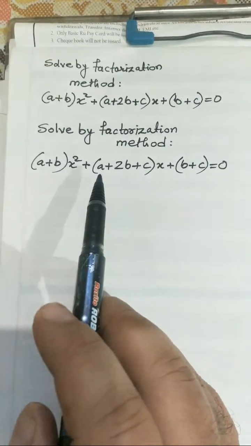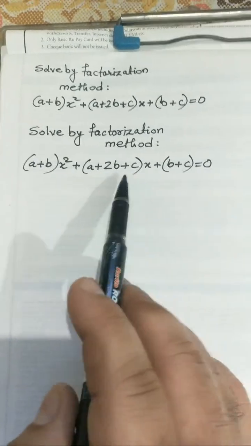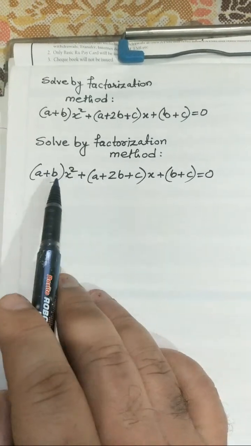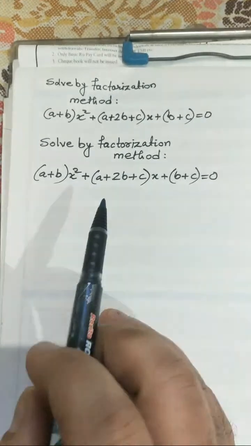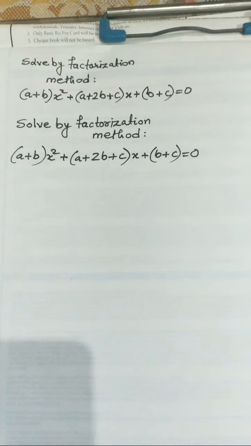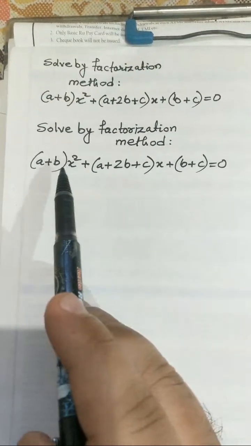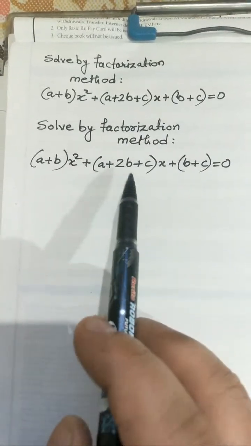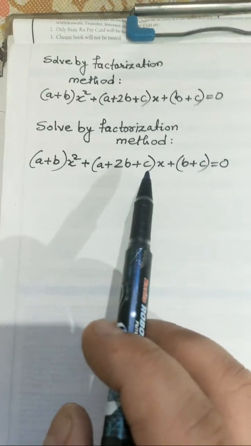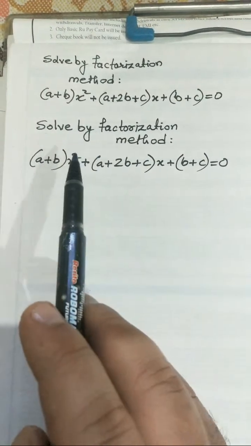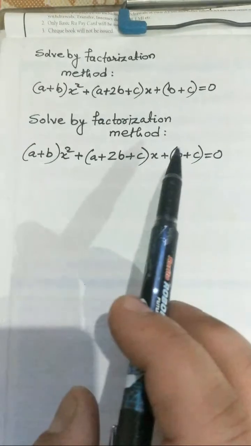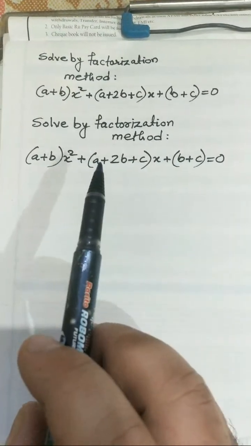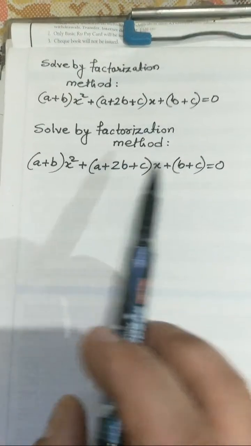So for the factorization method, we have to break the middle term into two terms so that we get four terms out of three terms. And we have to break it so that the value is not affected, meaning whatever the value of the three terms is remains the same even if we make it a four term equation.